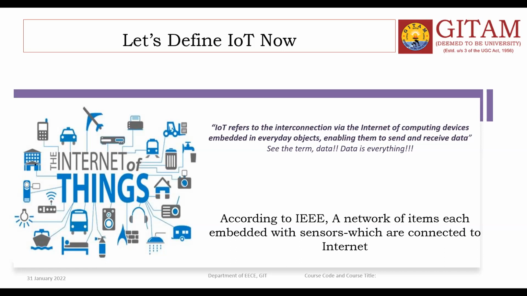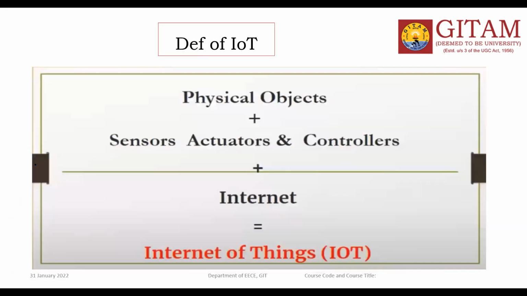Based on the IEEE standard, the IoT definition is a network of items, each embedded with sensors, which are connected to the internet. According to the IEEE, all these items connected to the internet is called the IoT.